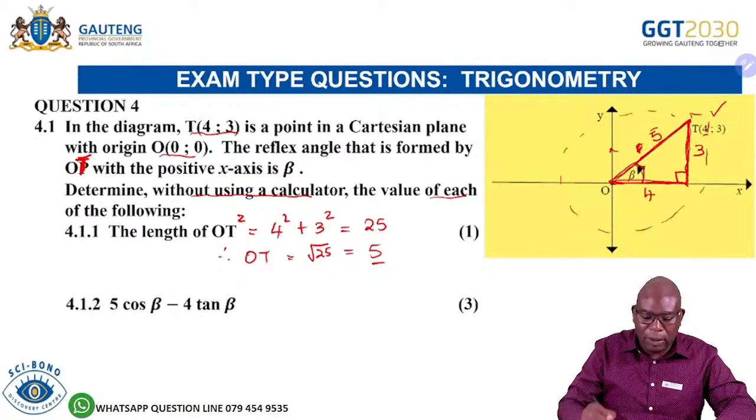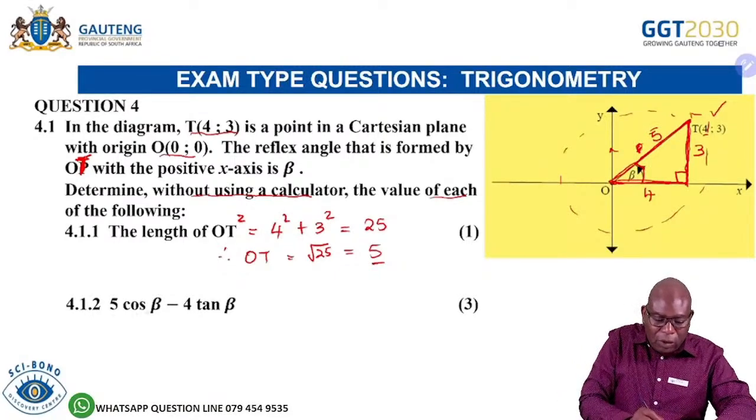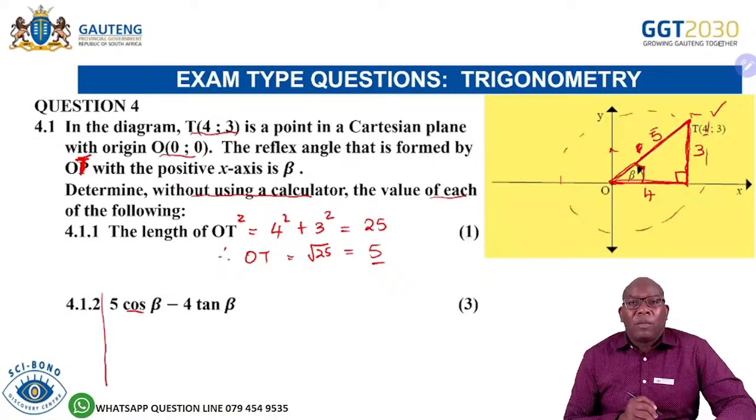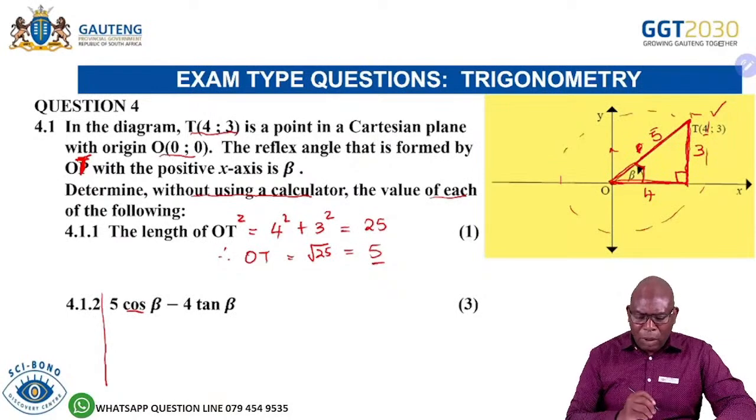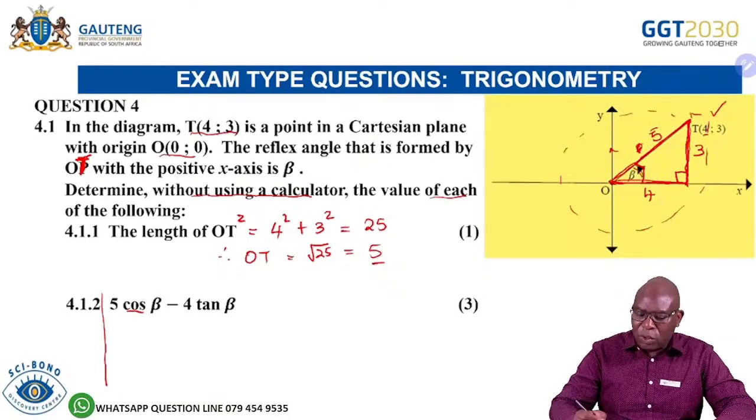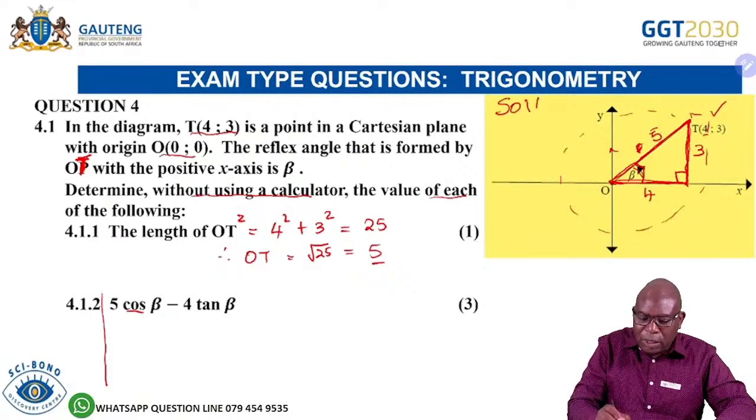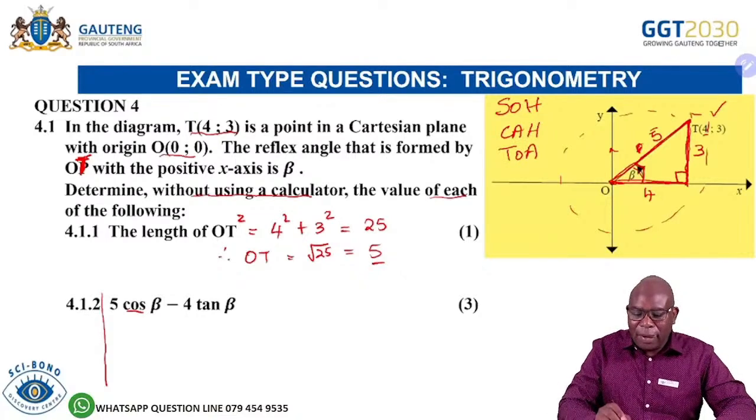The angle is there. Now they need the cos of beta. Now, beta is there. What is cos? Oh, you're so SOH CAH TOA. You always sing it, but sometimes you don't do the right things. Cos is adjacent over hypotenuse. Adjacent, next to.